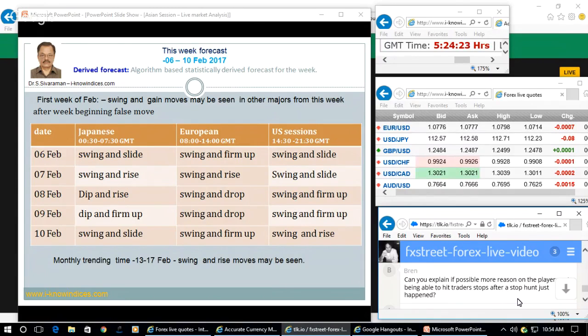When the traders think that it has breached the support and gone below, immediately they trigger the stops and also take sell positions. At that time, the players accumulate all the buys. Initially, they accumulate all the buys against their higher level sells. Then afterwards, further buys, they make below the low. At that time, when the traders sell predominantly or freely, the players find it a great fortune.